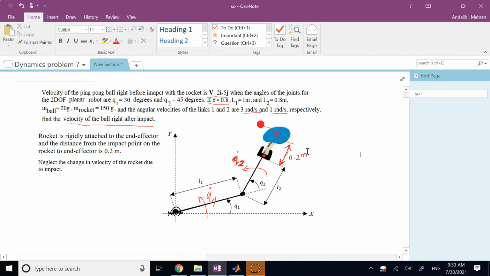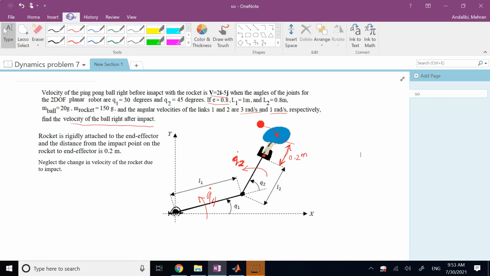Okay, so if we want to solve this problem, first thing first is I need to find the velocity of the racket, at least the point of impact of it, correct? So if I call this point here, the point of impact, point P, I need to find velocity of point P, which is like the end effector but extended for extra 0.2 meters, correct?